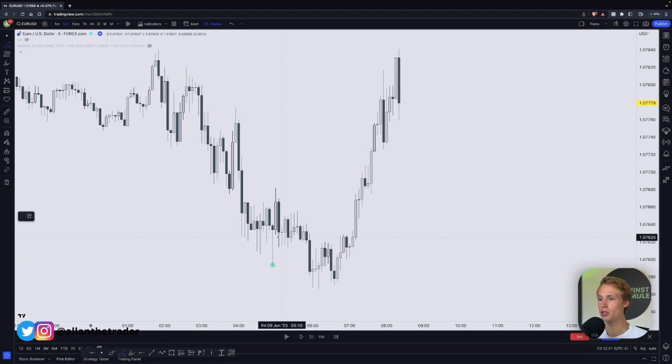So step 1 was find a liquidity point, and we found this low. And this is a clear defined low, as you can see. It's a wick pointing down. And it really stands out compared to the other lows here. Another example would be this high or this high.